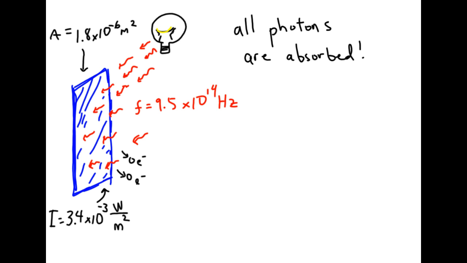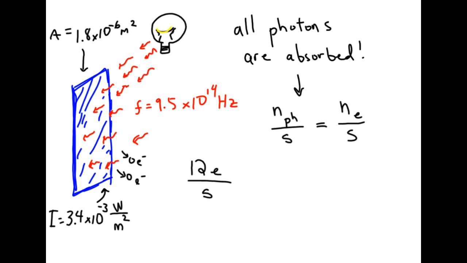So from this, we know that the number of photons reaching the surface per second equals the number of electrons reaching the surface per second. And the number of electrons per second is almost the charge. If I have 12 electrons ejected per second, that is charge, except that charge is expressed in coulombs per second.